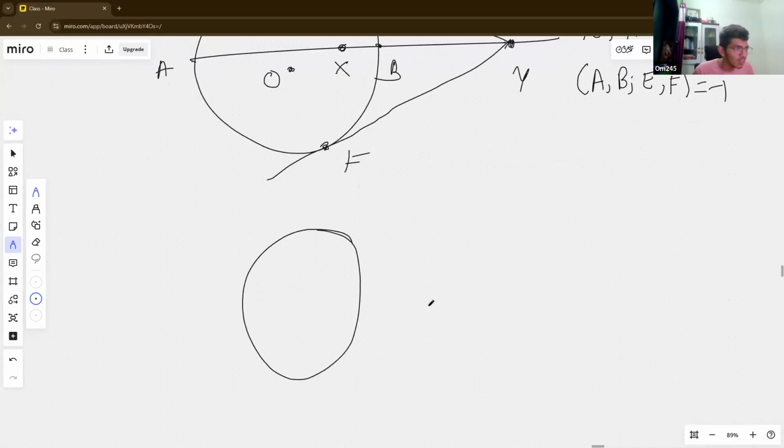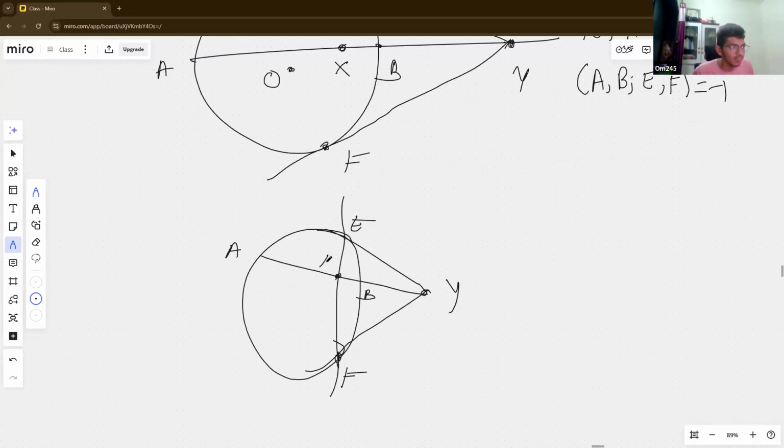So consider some circle and Y, and these are the tangents. Consider some point, so Y, B, X, E and A. Now consider this intersection, and let this intersection be some point X. Now you can use a cool trick.